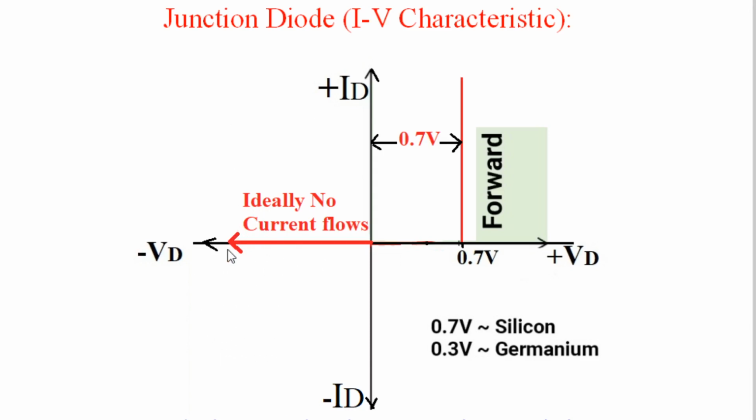The red line with an arrow indicates that ideally, no current flows for all reverse voltages. Whatever reverse voltage you apply, minus 1 volt, minus 10 volt, minus 20 volt, the reverse current is zero. And that is ideally.